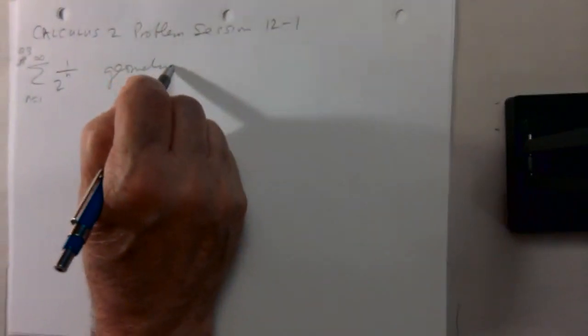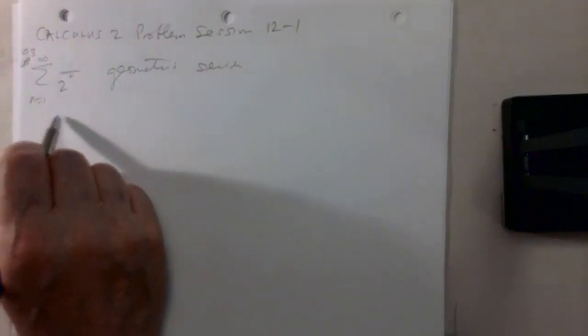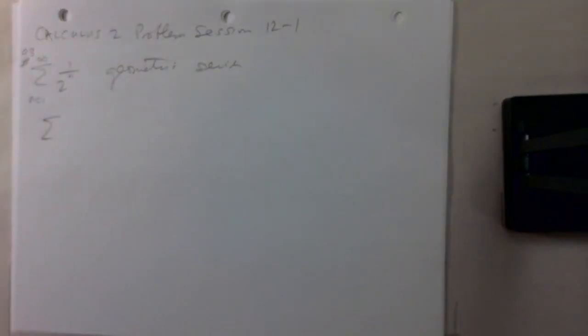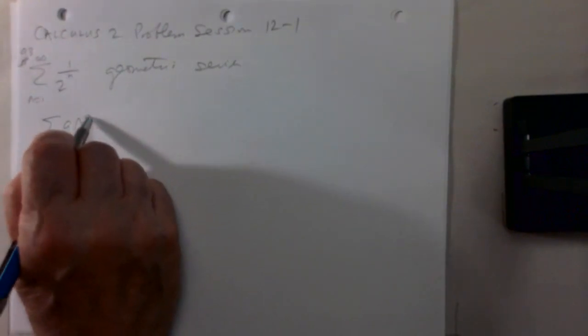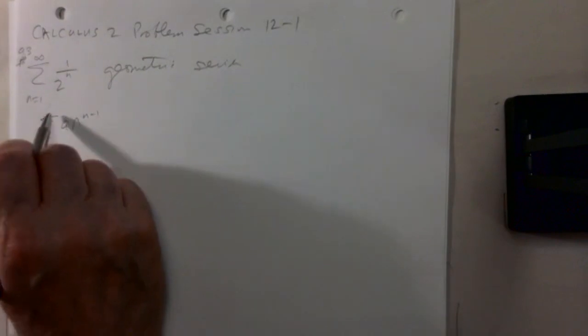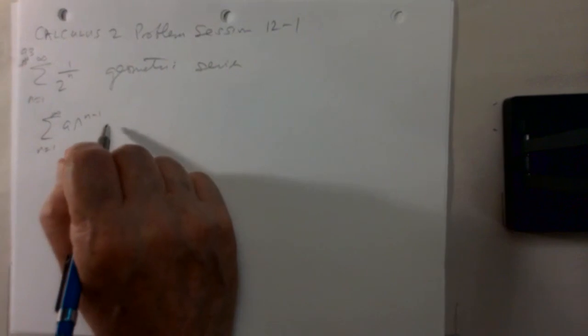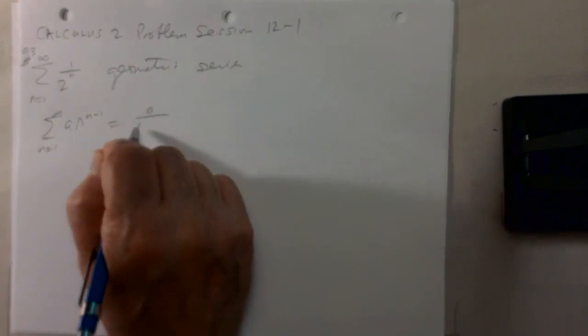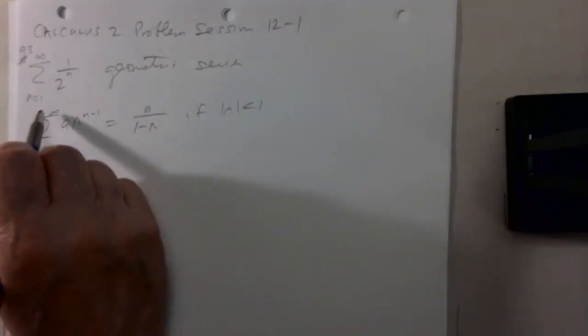So this is a geometric series. A geometric series sometimes is written like this: a r to the n minus 1, n goes from 1 to infinity, and this converges to a over 1 minus r if the absolute value of r is less than 1.